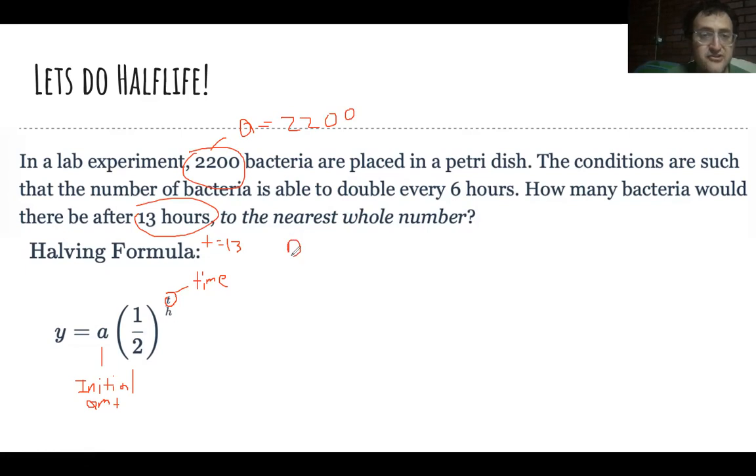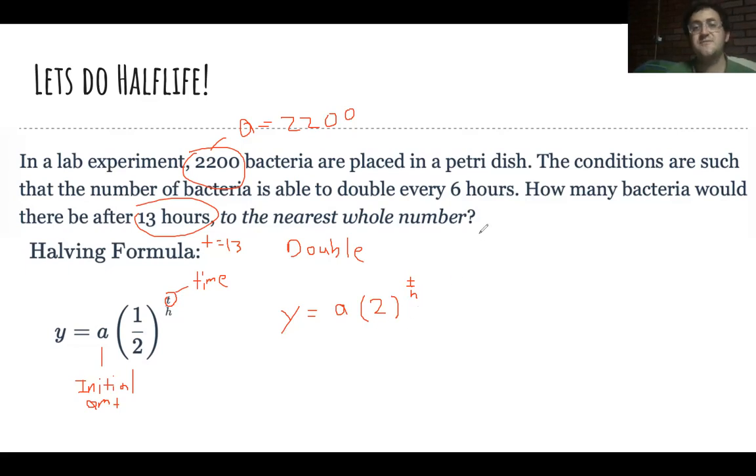So I should say that there is a double formula as well. And that would be Y equals A times 2 to the T over H, or like the double life instead.